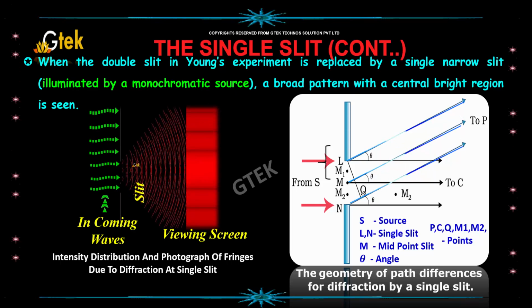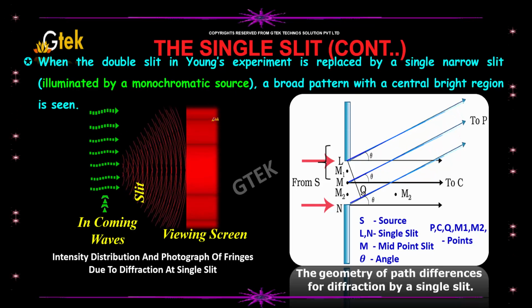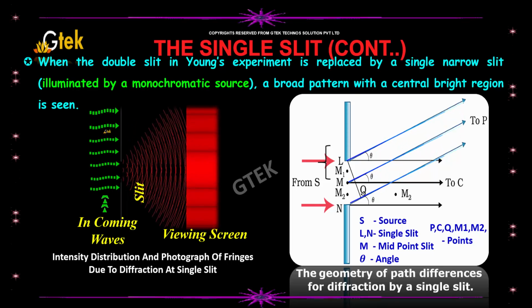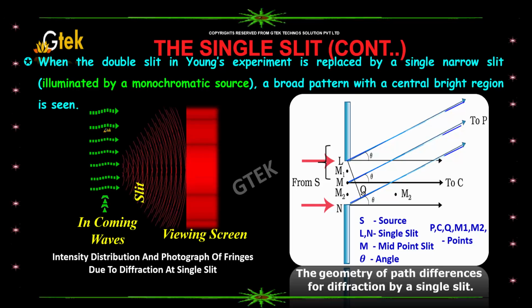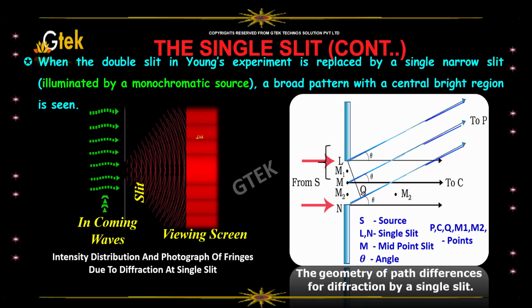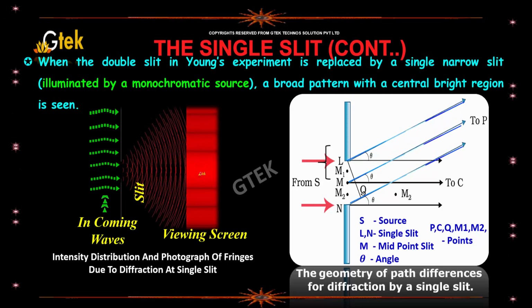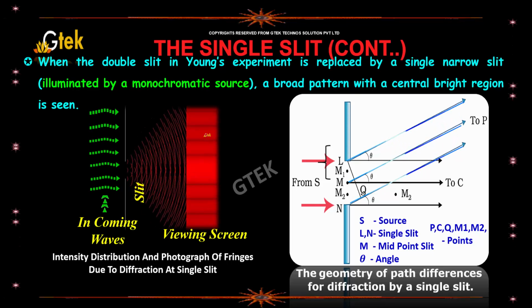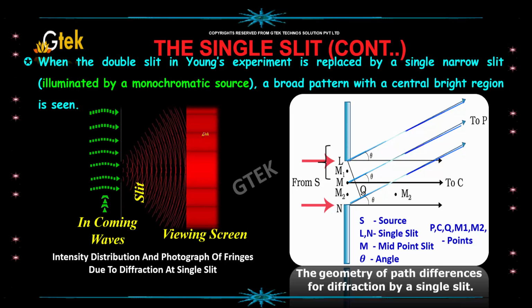When the double slit in Young's experiment is replaced by a single narrow slit, illuminated by a monochromatic source, a broad pattern with a central bright region is seen. You are able to see it here, with dark and bright fringes.